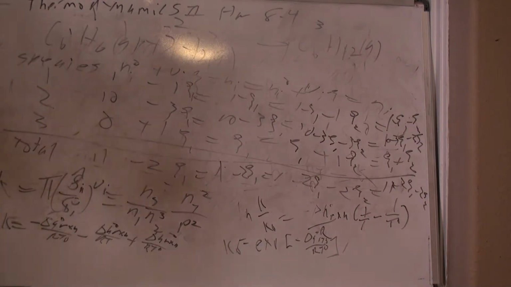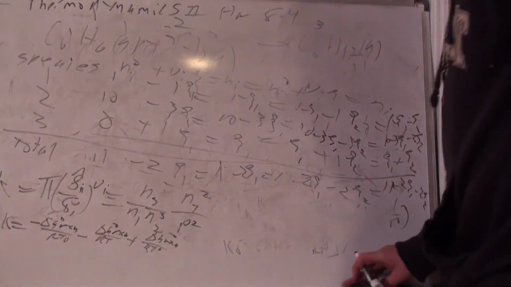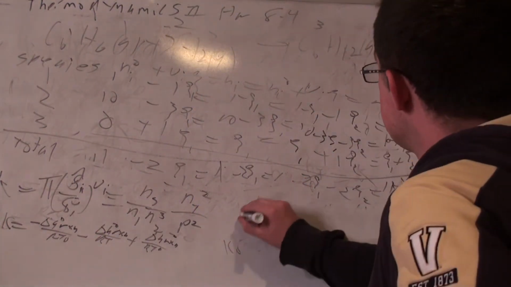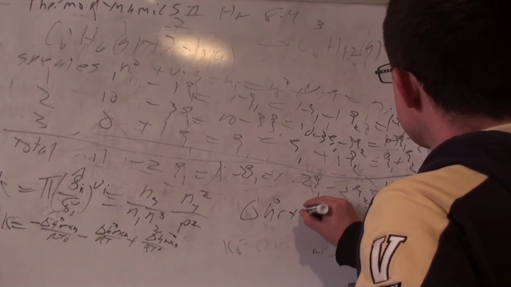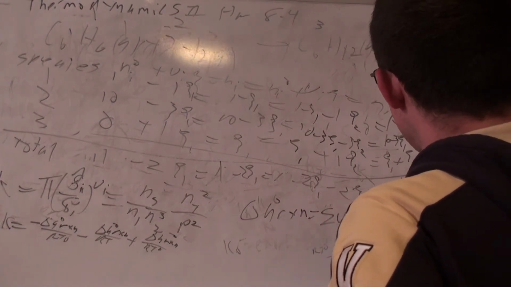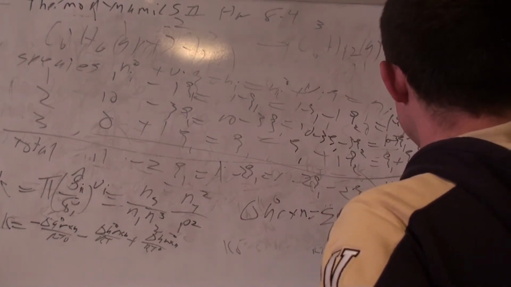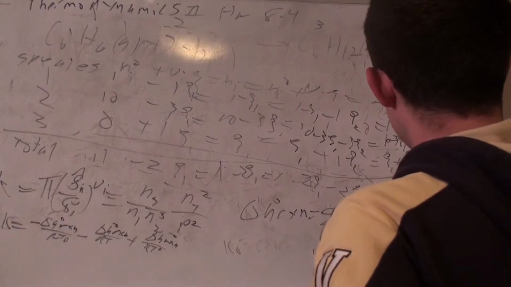Where do I get delta H of reaction and delta G of reaction? Well, that's easy. Delta G naught of reaction is equal to the summation of nu i delta G of formation of component i.